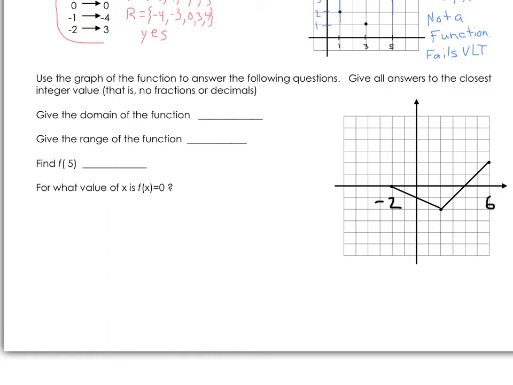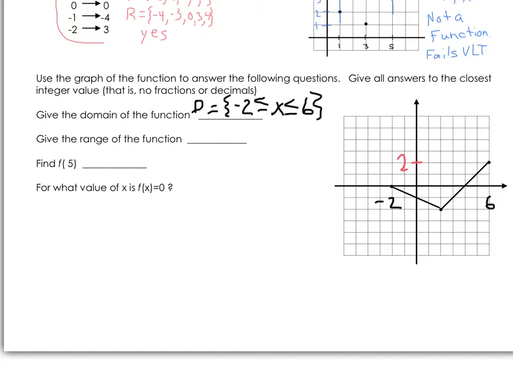So we can say that the domain will be all x values between -2 and 6. And it can be equal to those. What about the range? How far up and how far down does this graph go?